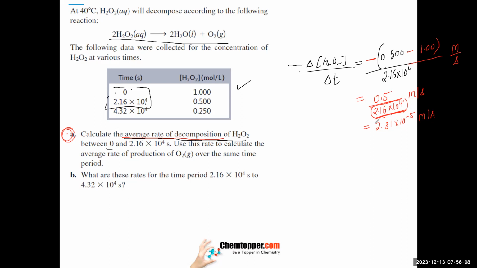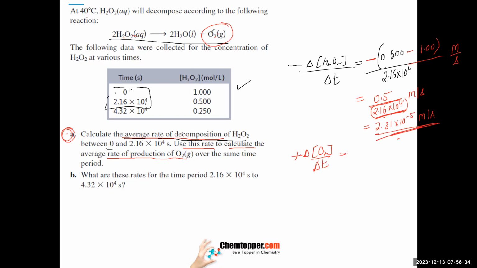Okay. Now this is the answer of the first part: the average rate of decomposition of H2O2. Now use this rate to calculate the average rate of formation of O2. The rate of formation of O2 means plus delta O2 over delta T. Is it going to be the same?